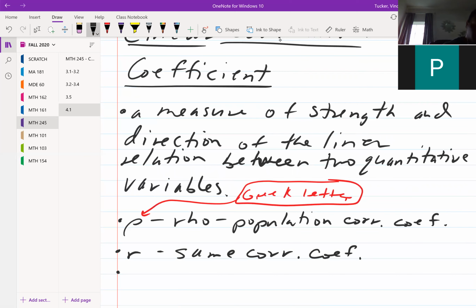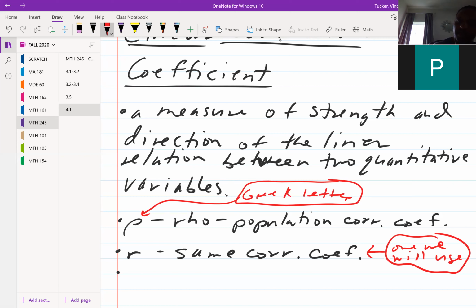Is that rho next to the p? Yep, rho. Okay, Greek letter rho. All right, so that p, if you're a baseball fan, looks like the P in Phillies.